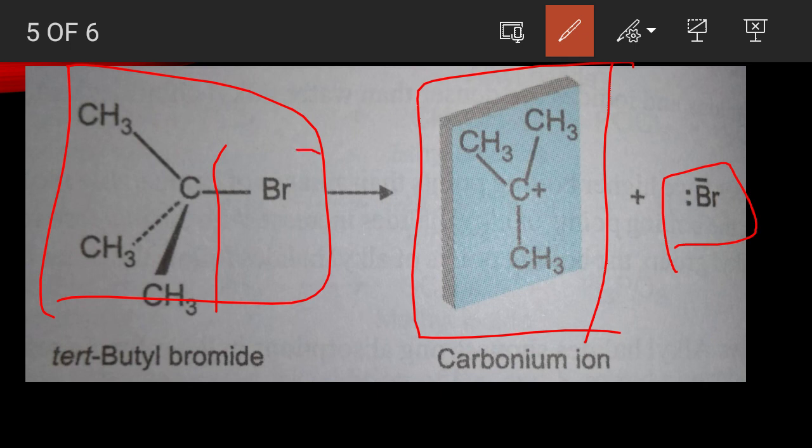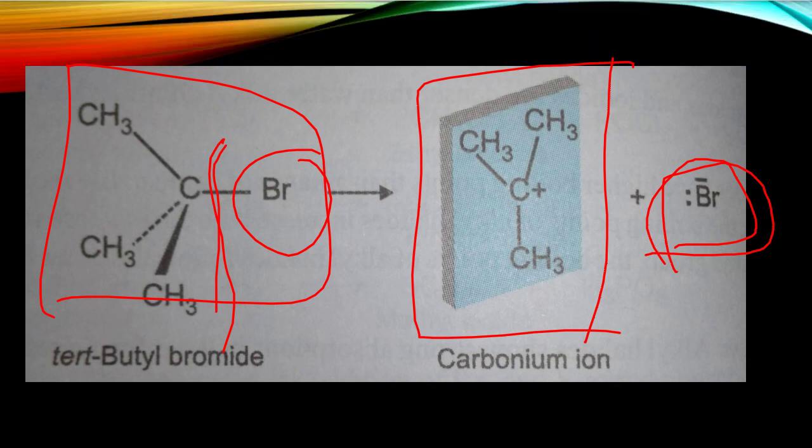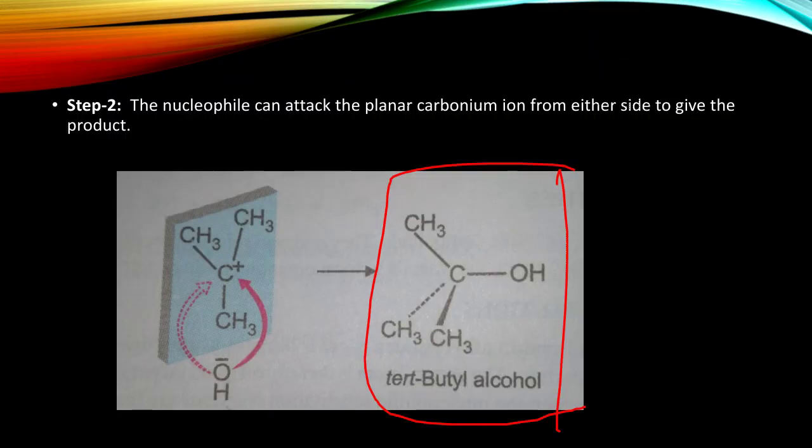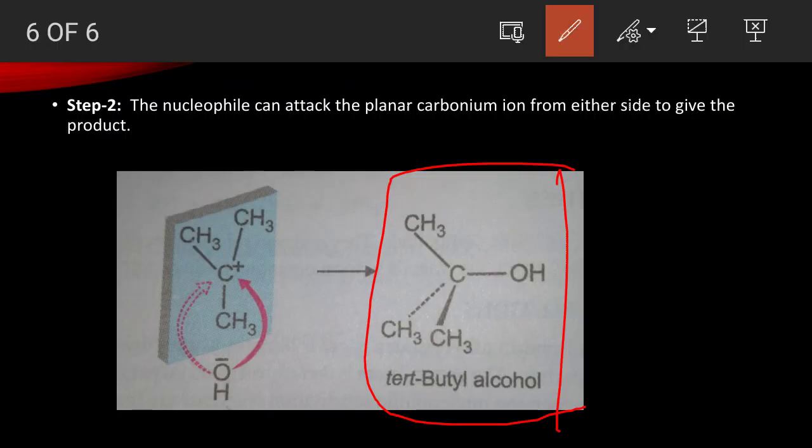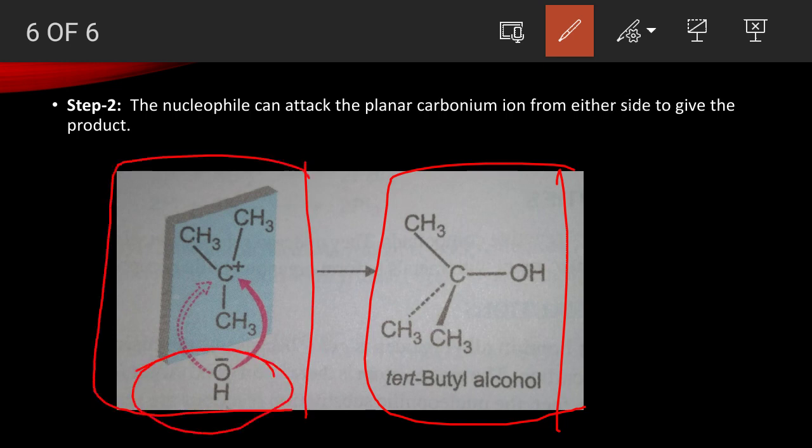Here the halogen is bromine, that's why bromide ion is liberated because of the bond fission of the carbon and halogen bond. In the second step, the planar carbonium ion reacts with the hydroxyl ion formed by the aqueous NaOH solution.